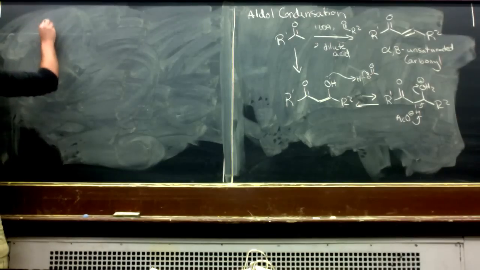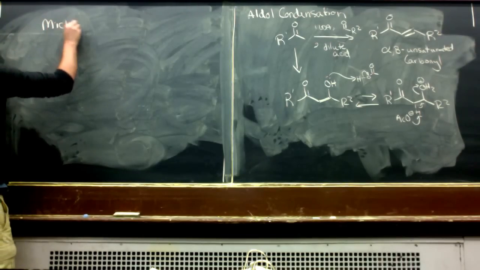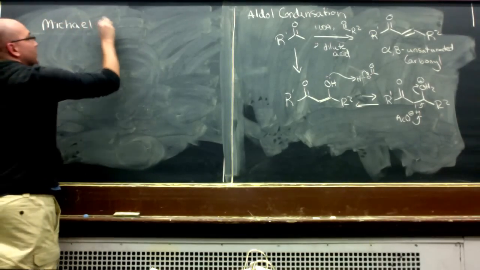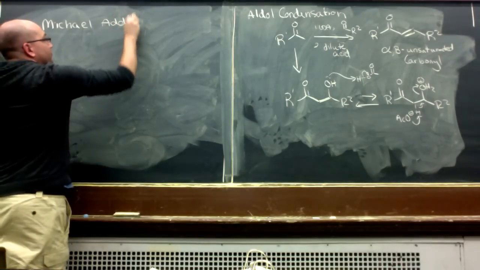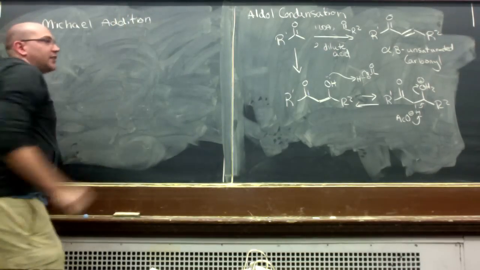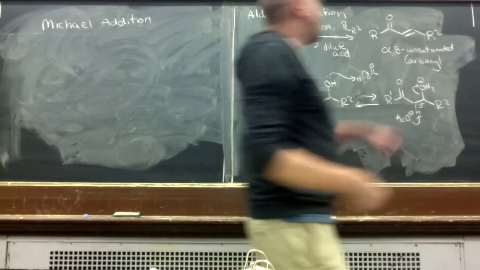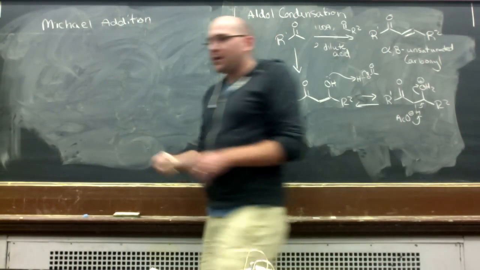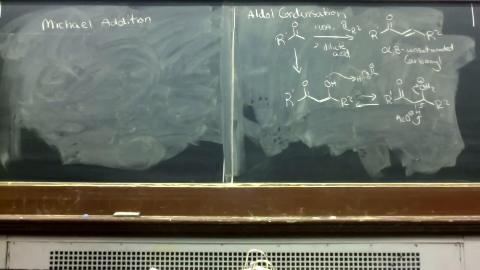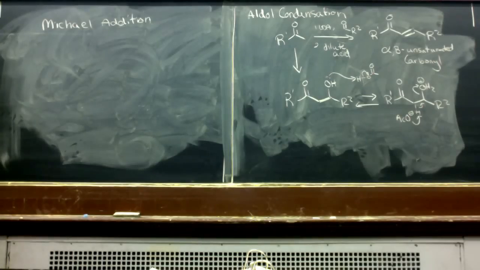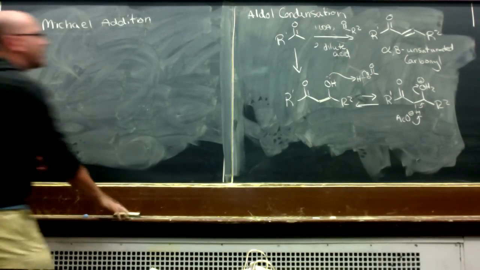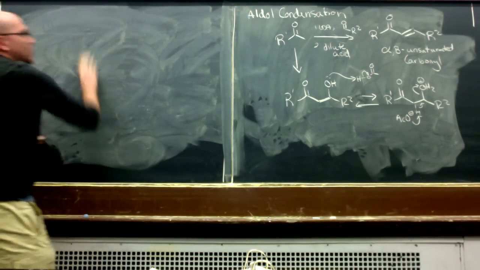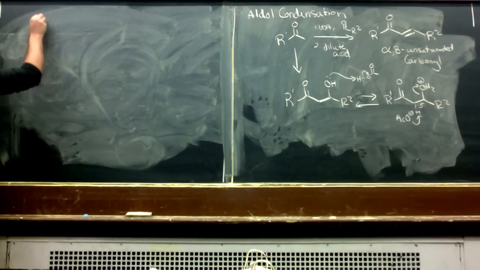And so I'll sort of show an example of that within alpha-beta unsaturated carbonyls. So first, another class of reactions, this is going to involve nucleophilic addition into enolates. So how should I introduce this? You know what, before I go into Michael addition, we're just going to talk about alpha-beta unsaturated.